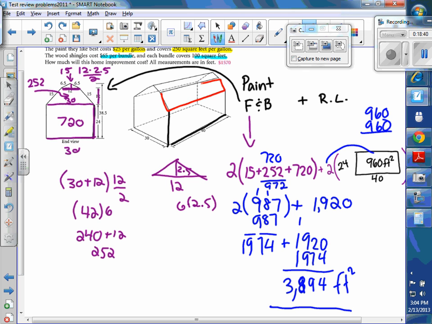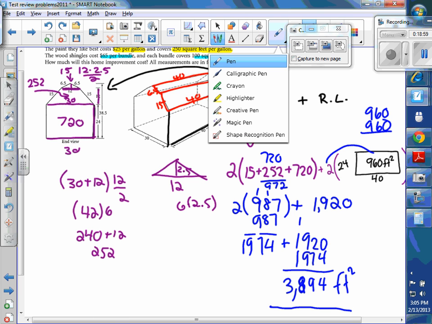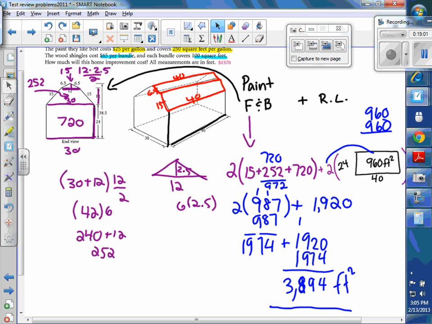This was 15 by 40, and this one is 6.5 by 40. So what's 6.5 times 40? What's 6 times 40? 240. And then half of 40, 20, so 260.